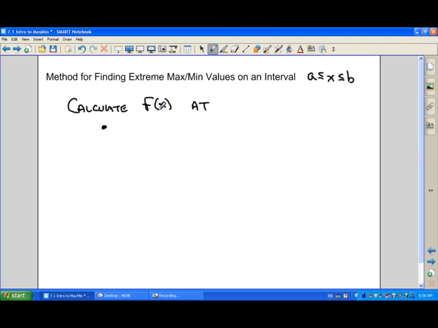We're going to calculate f of x at all points on the interval where the derivative of the function is equal to 0.